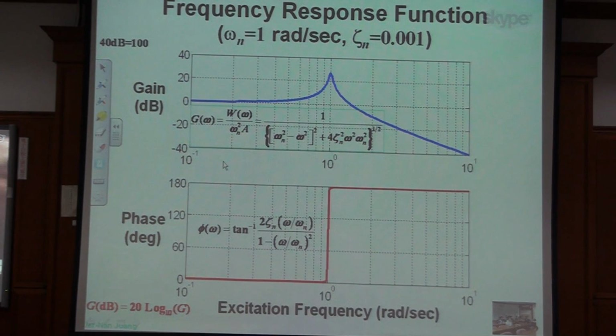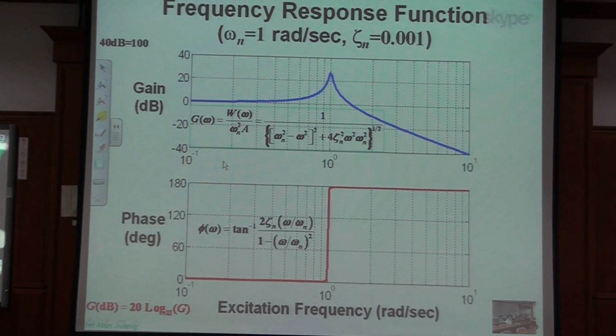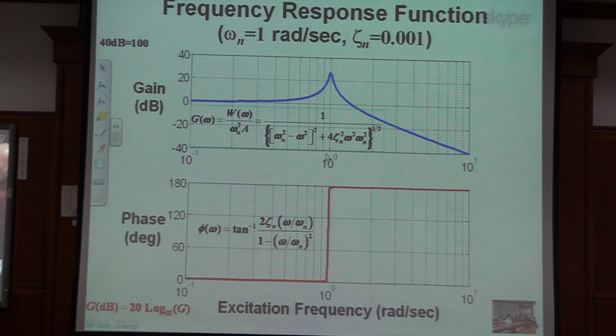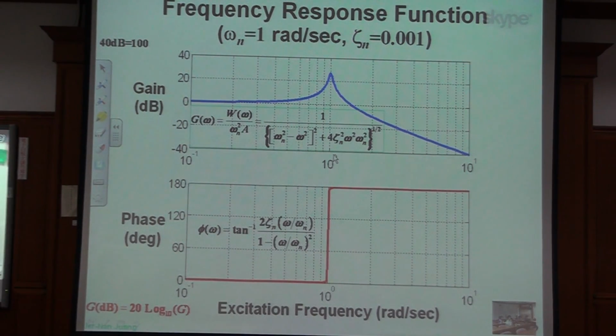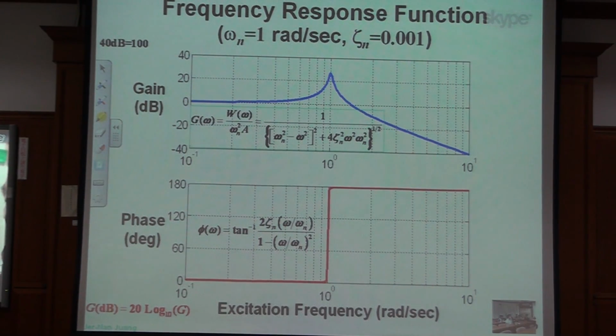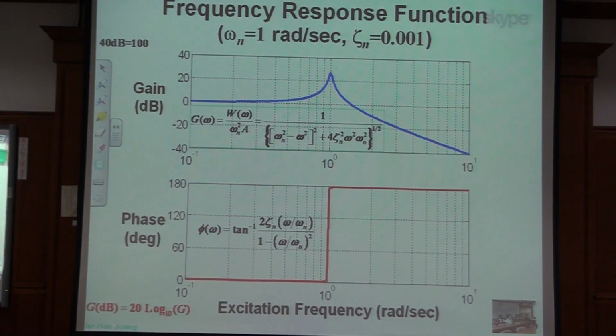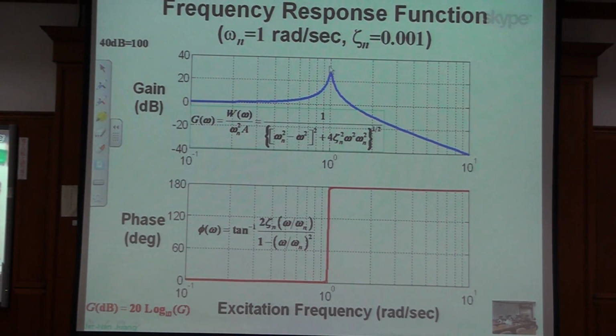So if our earthquake frequency is 1 here, it means my earthquake frequency is the same as my system frequency. If my earthquake frequency is the same as my system frequency, what happens? It oscillates. Because it oscillates, this gain has a peak here. See?